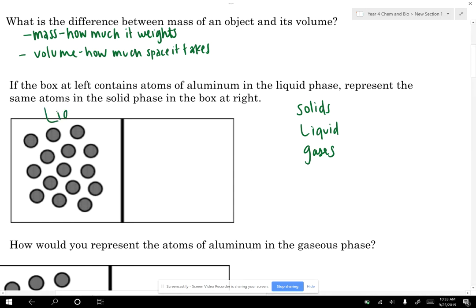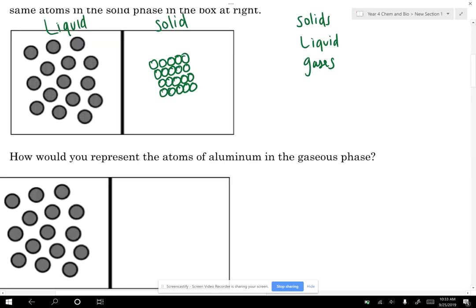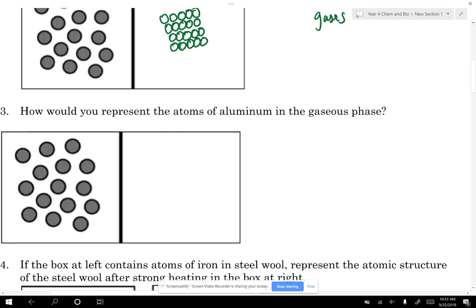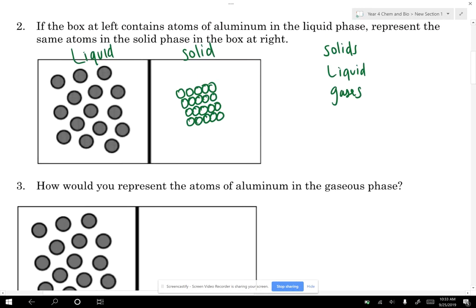So this is going to be liquid, and this one's going to be solid. Solids are very, very tightly packed together, so if you have something drawn like this, that is how you would represent a solid.